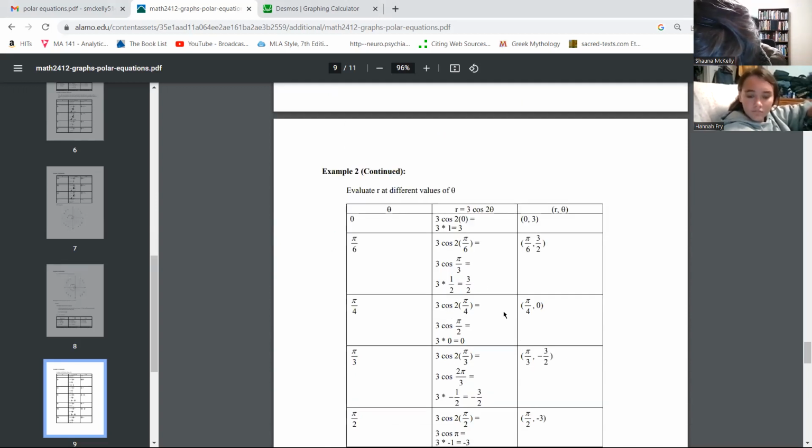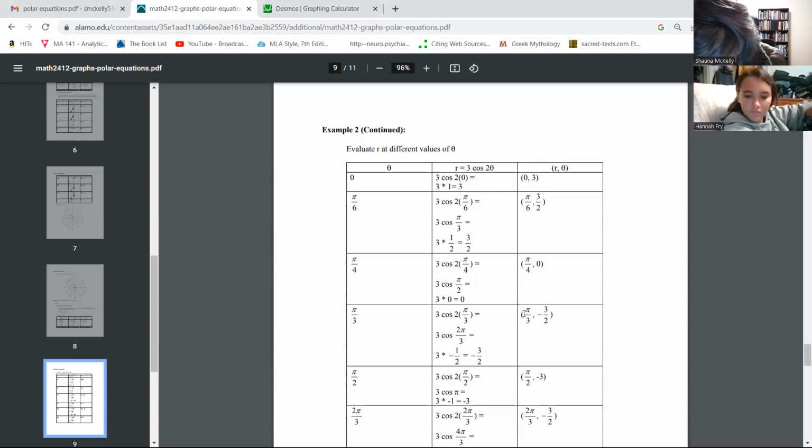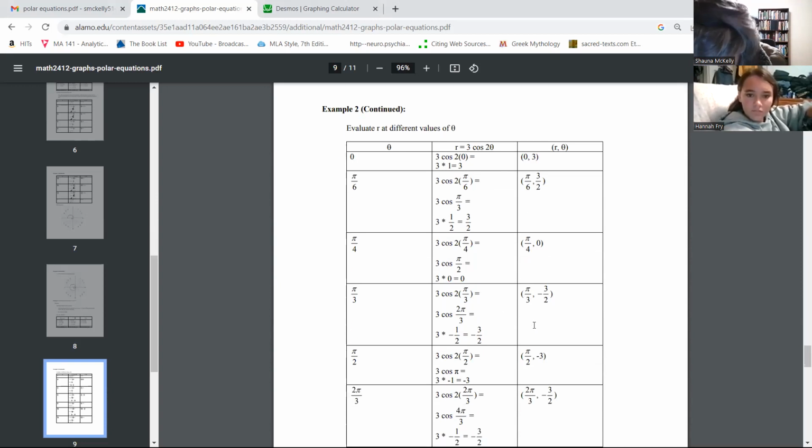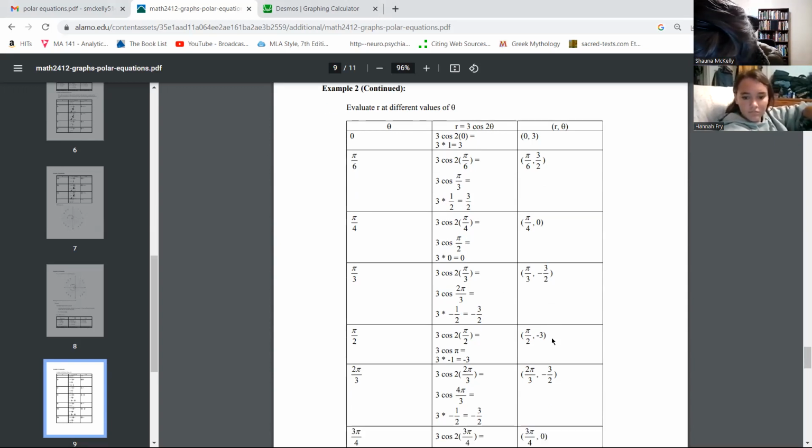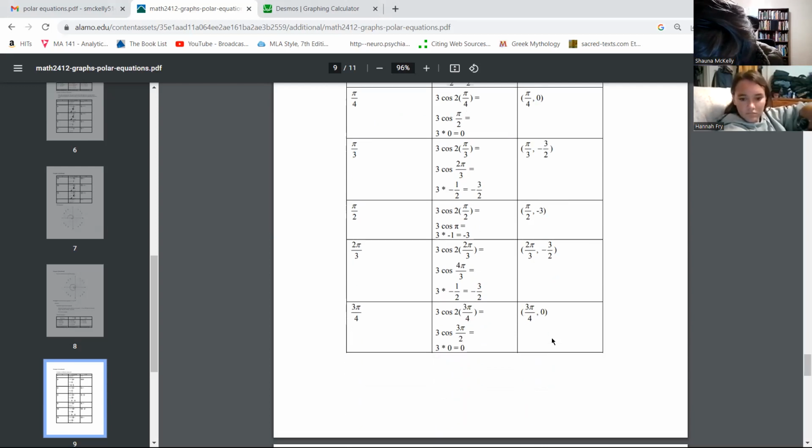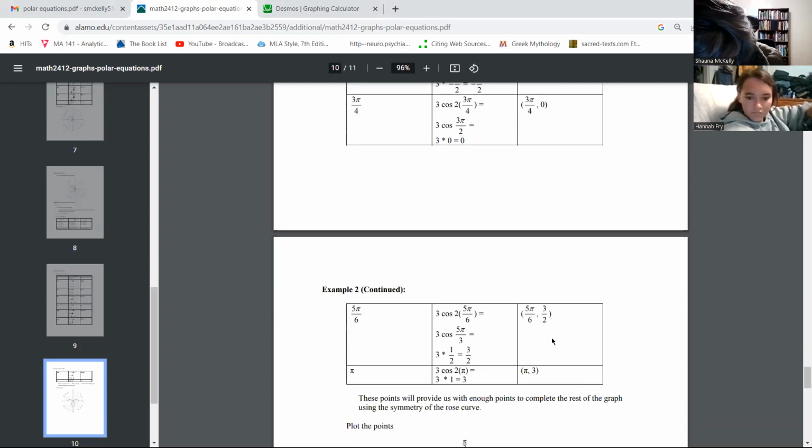notice you have a point, then you have a petal. And so because this is a cosine, we start at the pole, and every 90 degrees, we have a petal, and lo and behold, there it is. There's a petal there. And then if you go to pi, we'll have another petal.